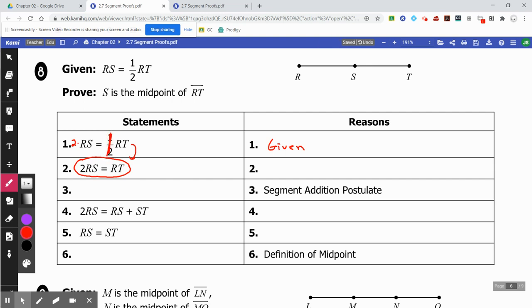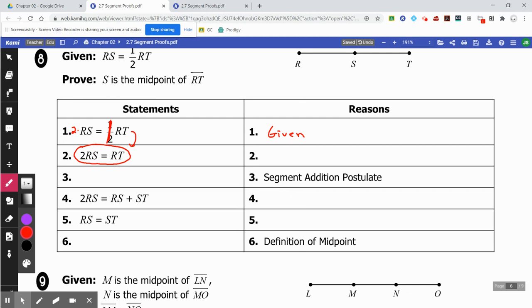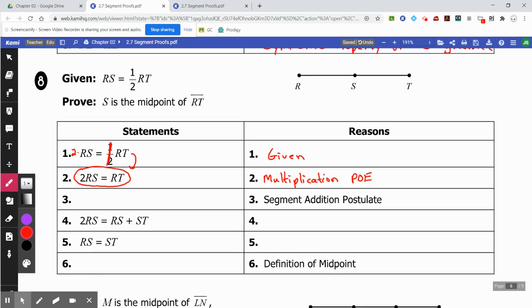That's a little bit of basic algebra. So you now have 2 RS is equal to RT. And the reason we multiplied both sides by 2 is that it's legal, as long as you're multiplying both sides by the same amount, by the multiplication property of equality.